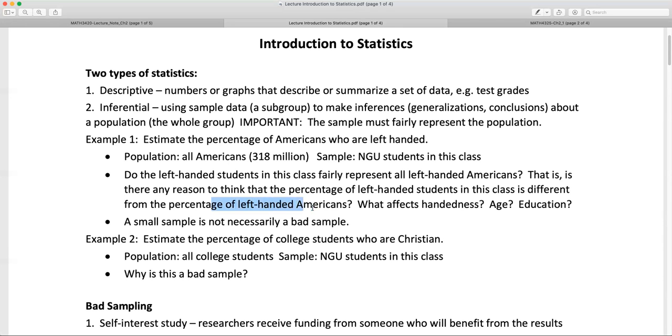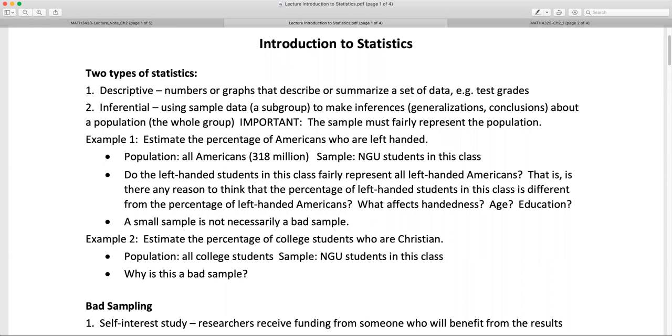Yes, it's likely to be different from the percentage of left-handed Americans, because if you survey the left-handed students in this class, that doesn't represent all the Americans, because we didn't think about the age, the education, and also the location.